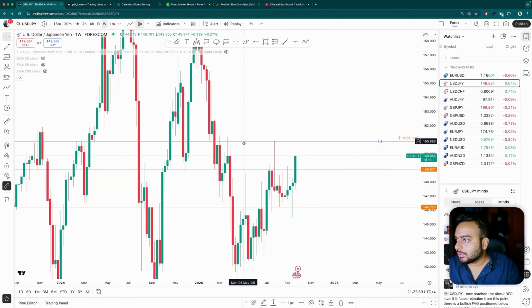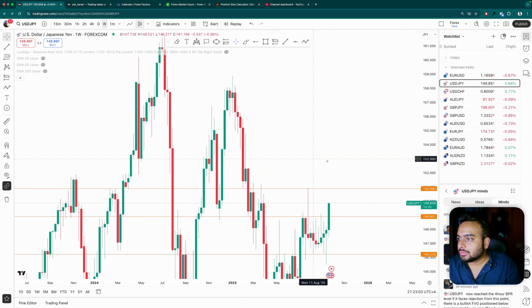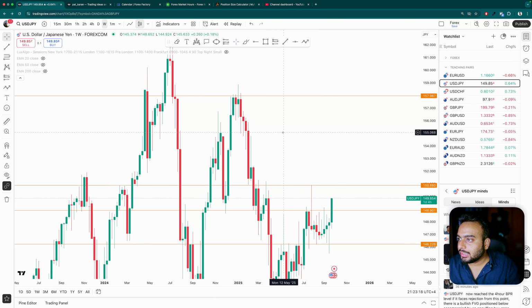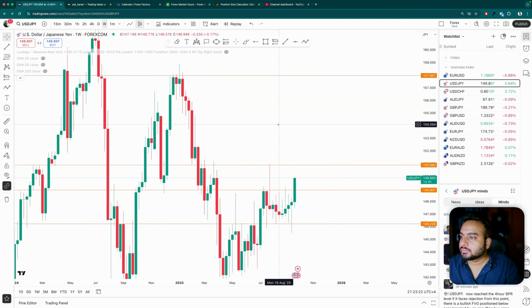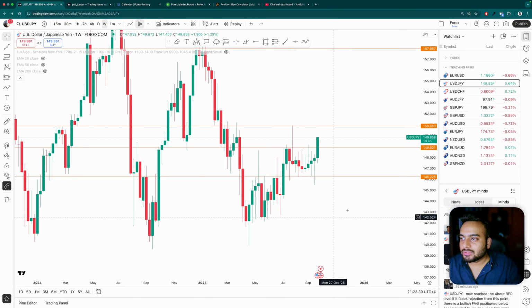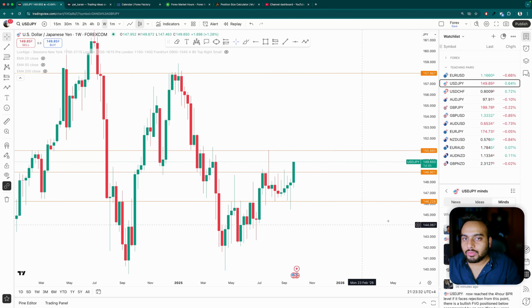Okay, let it be because it is acting as a resistance. We'll leave it there. Now we'll create one here. Then there is a swing high right here, but there aren't any touches here. So I think the bottom line is not going to do anything good for us.